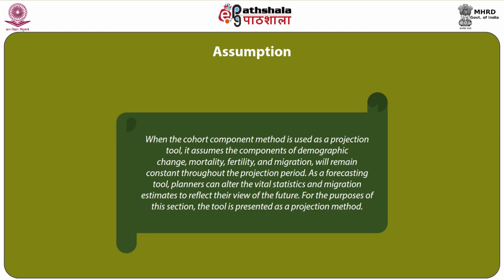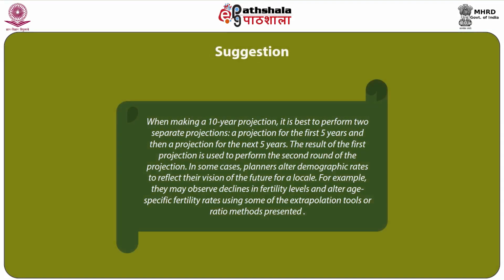For the purpose of this section, the tool is presented as a projection method. There are major suggestions that are provided. When making a 10-year projection, it is best to perform two separate projections, that is, a projection for the first 5 years and then a projection for the next 5 years. The result of the first projection is used to perform the second round of the projections.